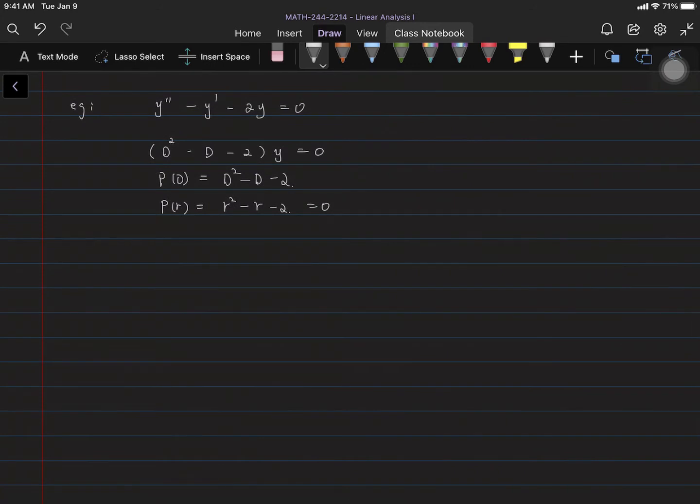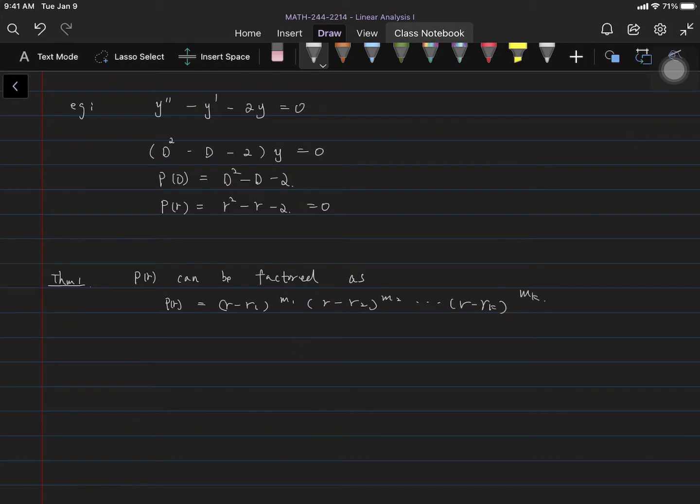Now let's take a look at the theorem. Theorem 1. P(r) can be factored in this form. This is the general form: (r minus r1) to the m1, (r minus r2) to the m2 power, up to (r minus rk) to the mk power.